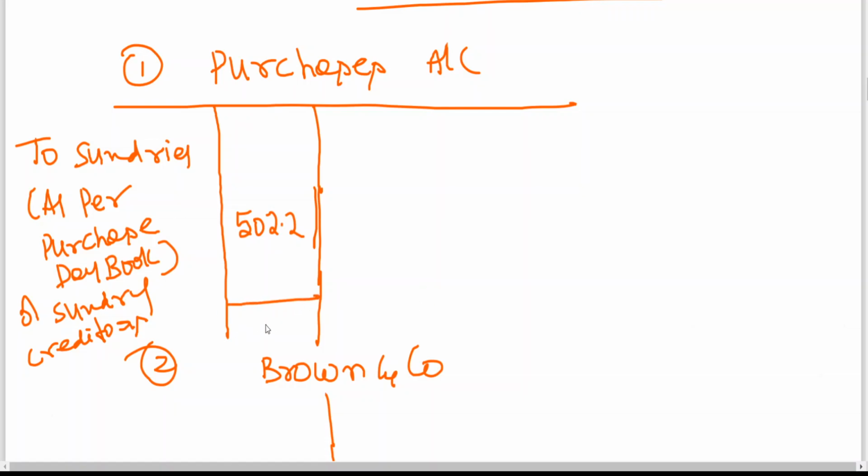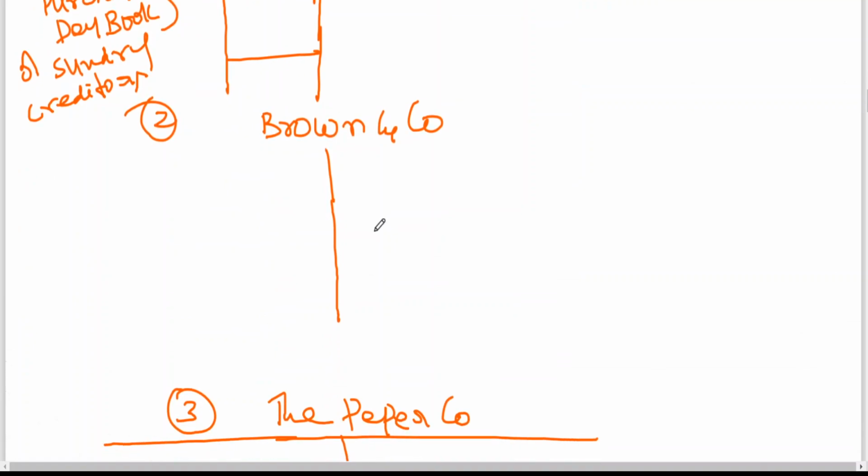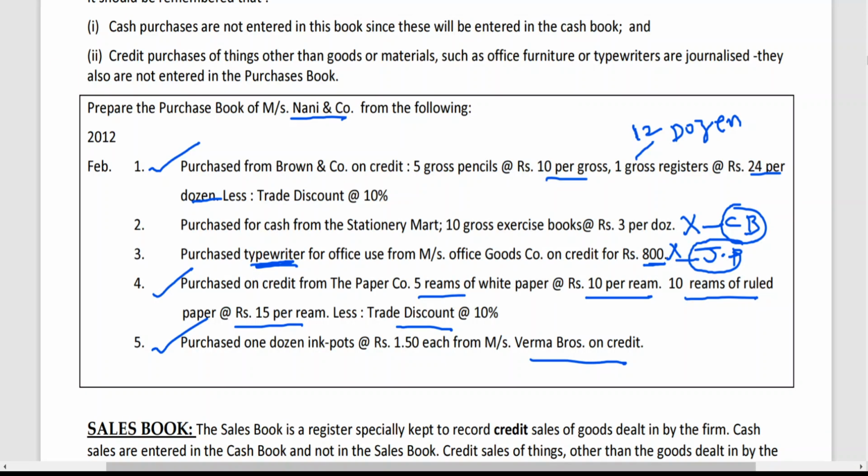Okay, and right here we also got, in your opening ledger account, purchased cash from Stationery Mart, 10 gross exercise books at 3 rupees per dozen. 1 gross means I told you 12 dozen.